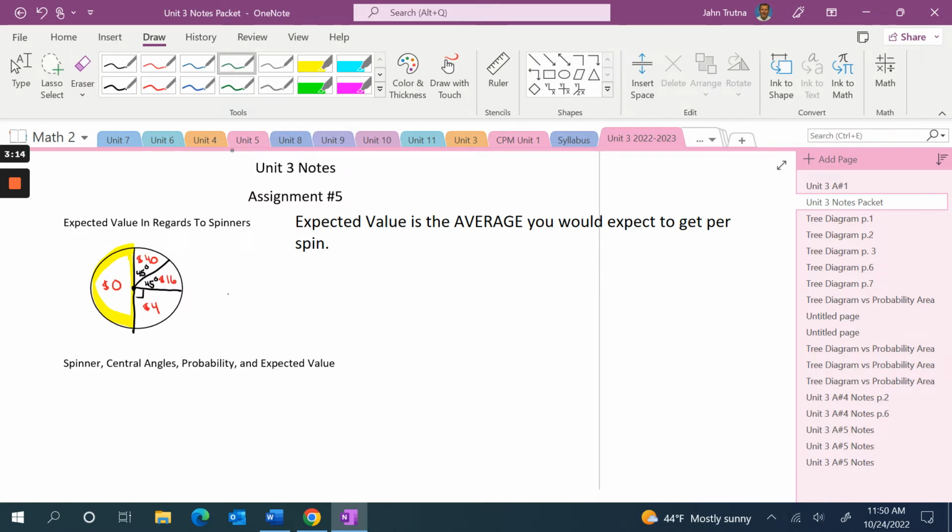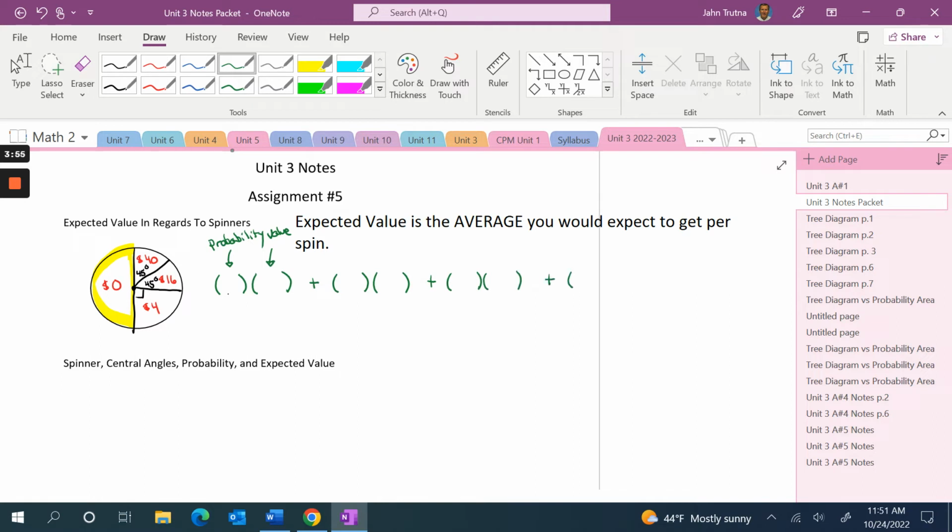And what you do is you take the probability of that section. So you're going to take the probability of your spinner landing in that section, and then you are going to multiply that probability with the value of the section. Then you're going to repeat that process, probability of the section multiplied with the value of the section, for however many sections there are.